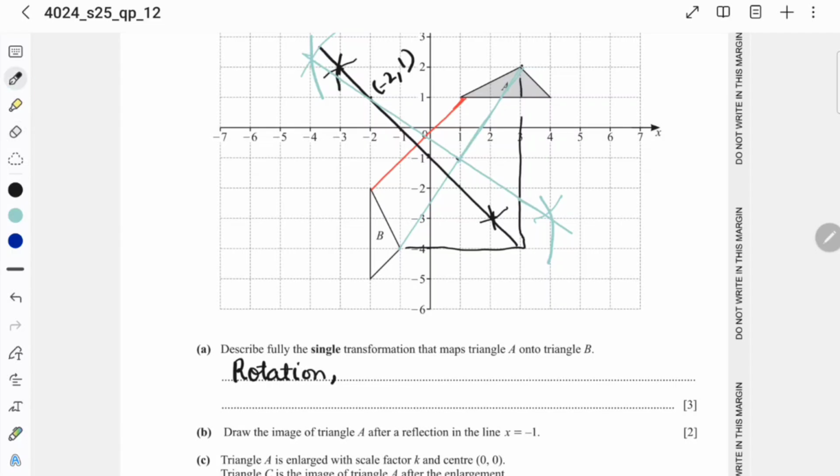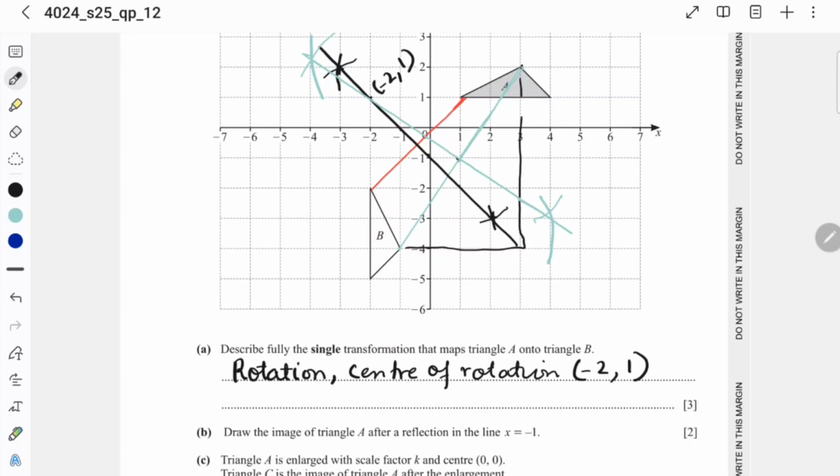Let's find out, is it clockwise or anti-clockwise? The center of rotation is minus 2, 1. What do we do? We just make the line bisector of each line which we made after joining them, and wherever the intersecting point of the two line bisectors is, that is the center of rotation.